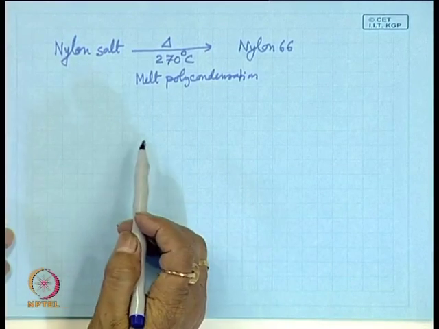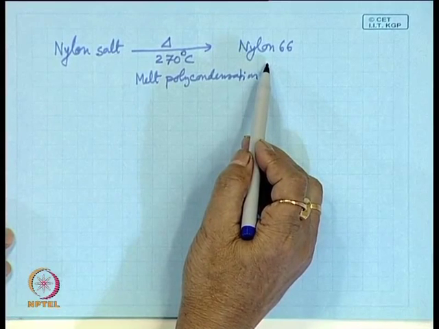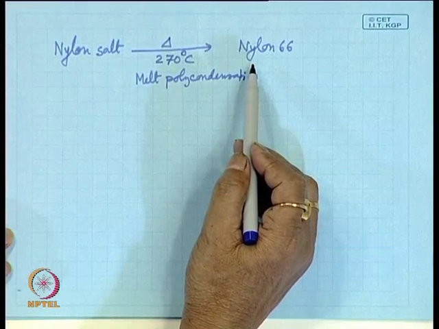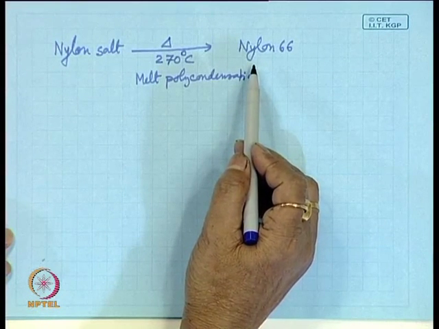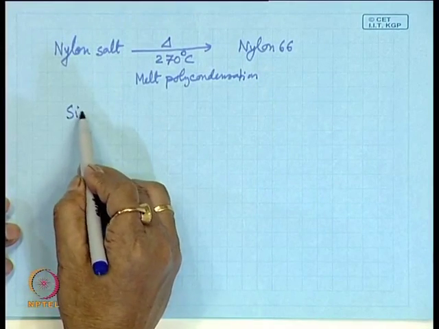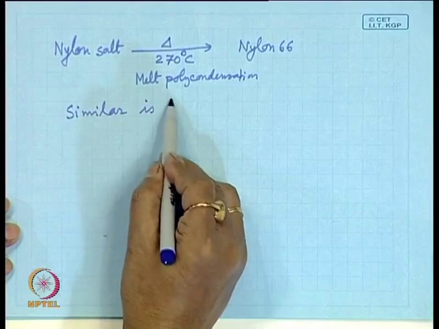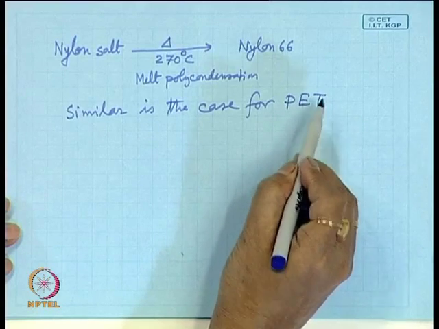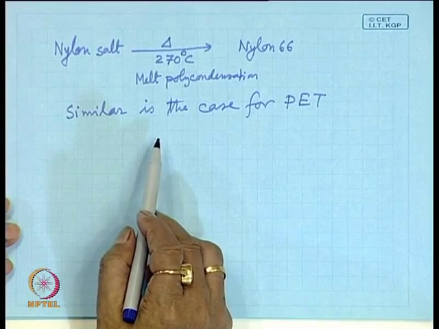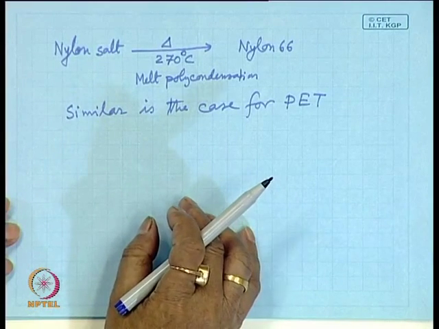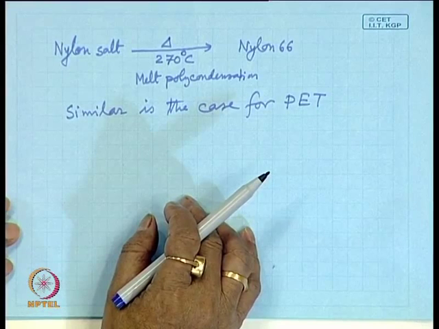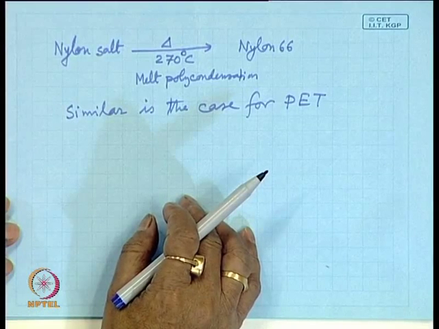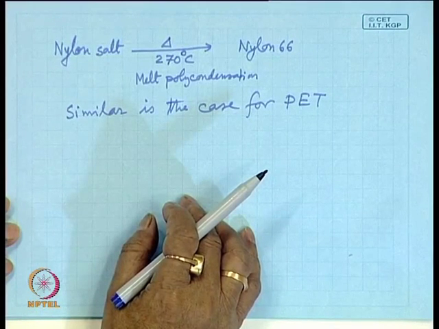So, here you understand, synthesizing a very high molecular weight in condensation polymerization is very difficult. Similar is the case for polyethylene terephthalate, which is also produced by melt polycondensation, because once higher oligomers, meaning more than say 6,000 to 7,000 molecular weight oligomers, are formed, their melting point is quite high.